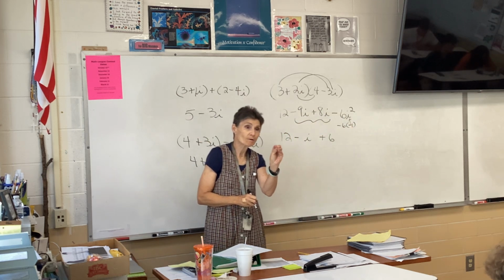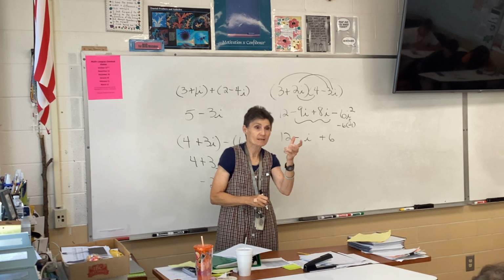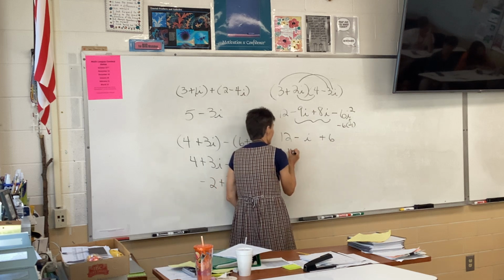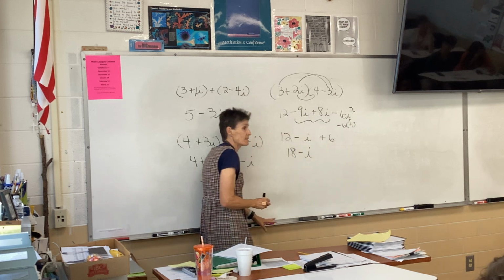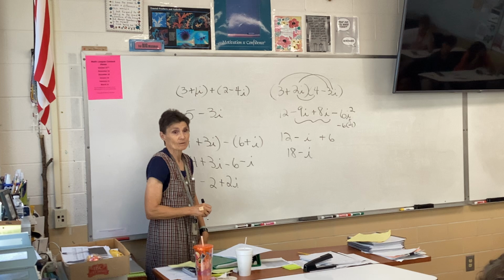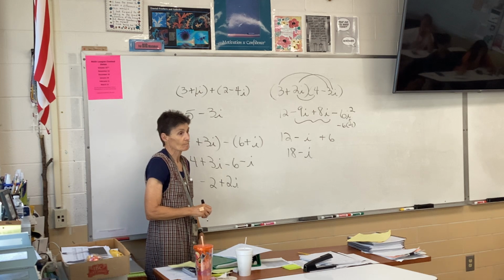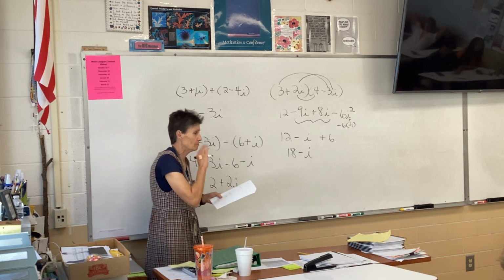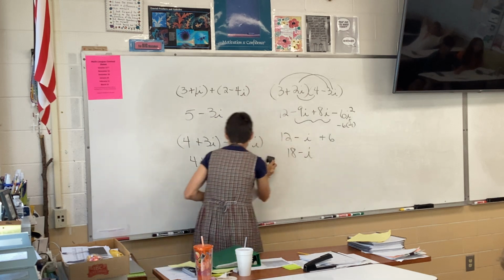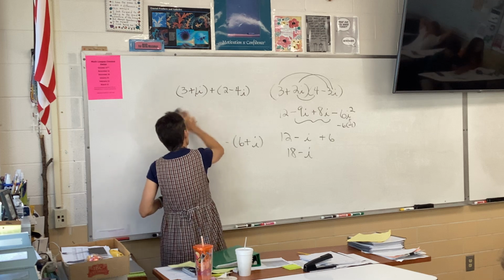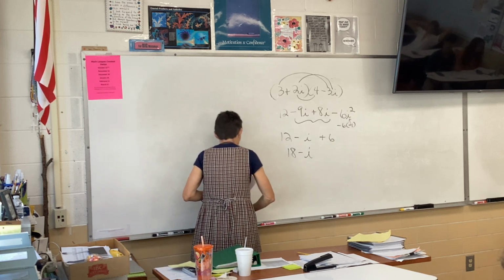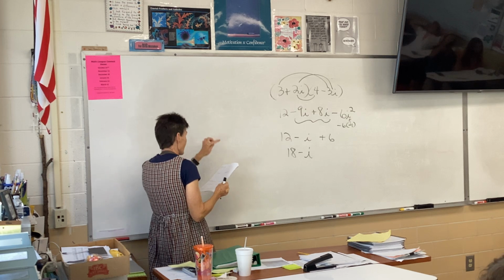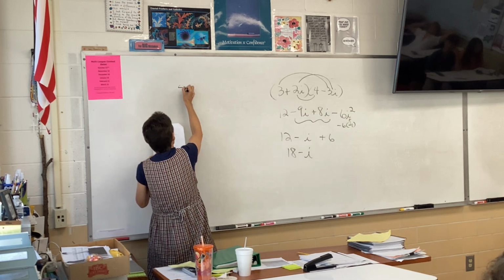Putting an i squared on something changes its sign. And then we can add these together and get 18 minus i as our final answer. So A was an add, B was a subtract, C was a times, D is a divide.